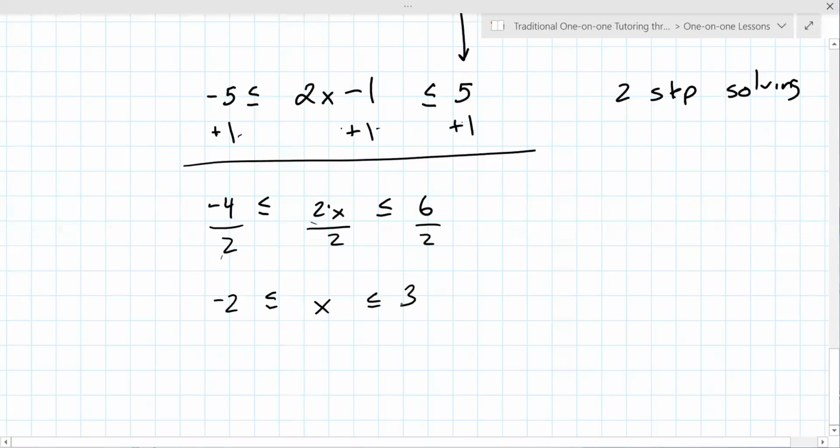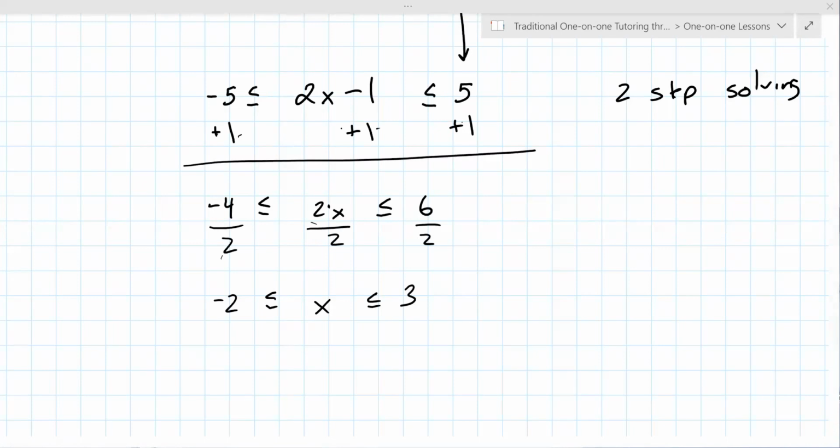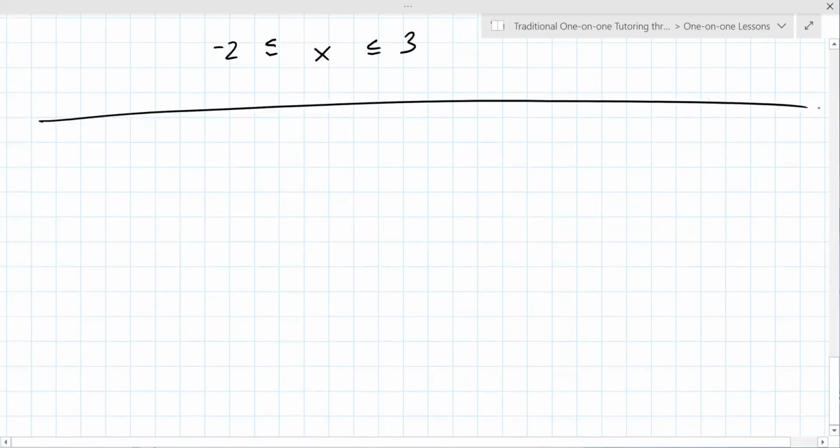Perfect. And then that is the answer. All right, so let's look at another one here.